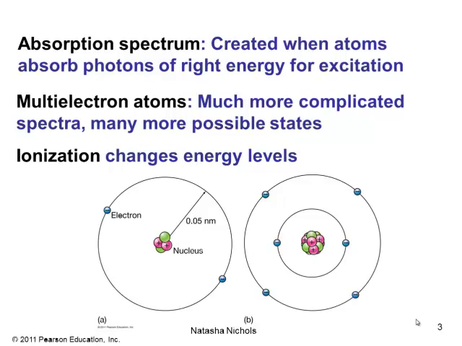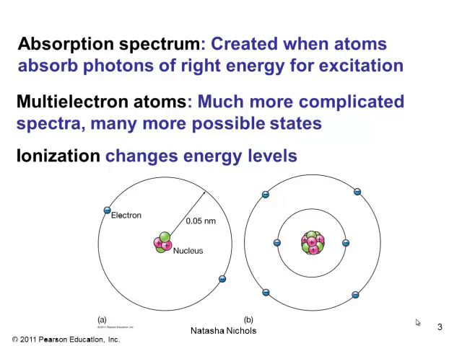The end result would be a much more complicated spectra because we would have many more possible states of transition. If we take a look at frame A right there, that is a helium atom in its ground state, you see two electrons occupying the lowest energy orbital, or the ground state, and they're orbiting a nucleus that contains two protons, the ones that are labeled with the plus, and two neutrons, the ones that have no charge.